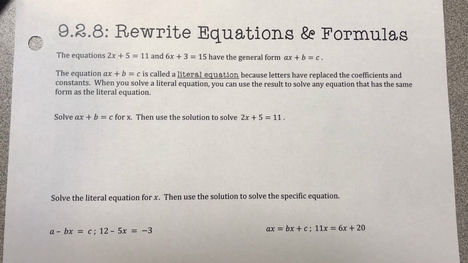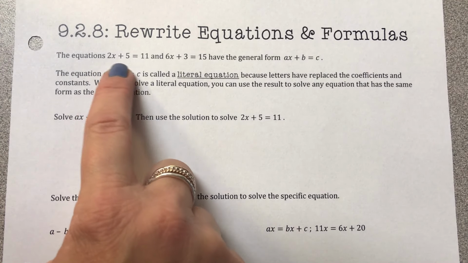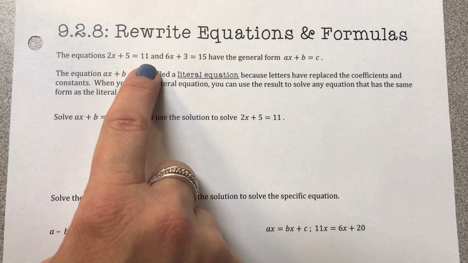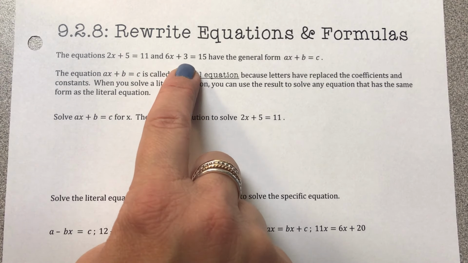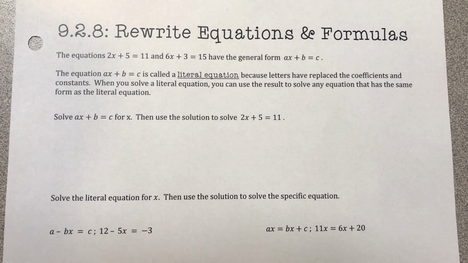Okay, so the first sentence reads, the equations 2x + 5 = 11 and 6x + 3 = 15 have the general form of ax + b = c, right? 2 would be a, 5 would be b, 11 is c. 6 would be a, 3 would be b, 15 would be c.